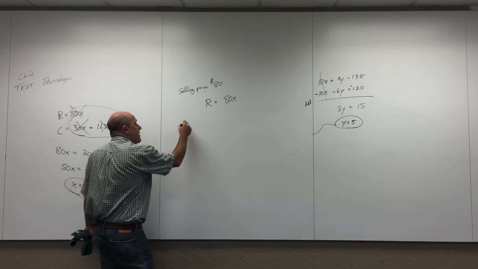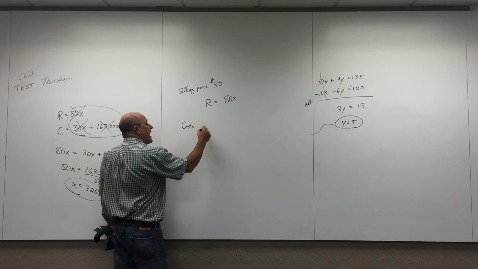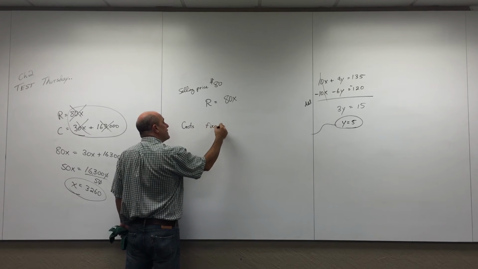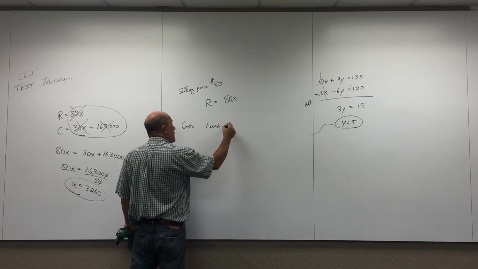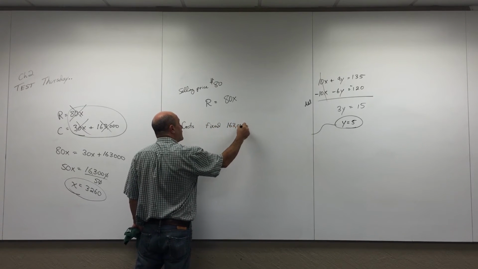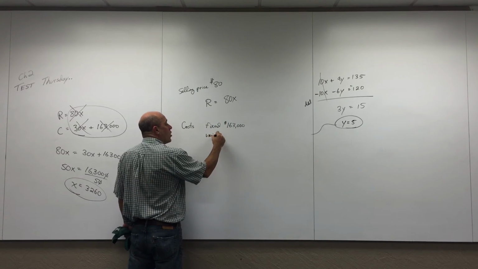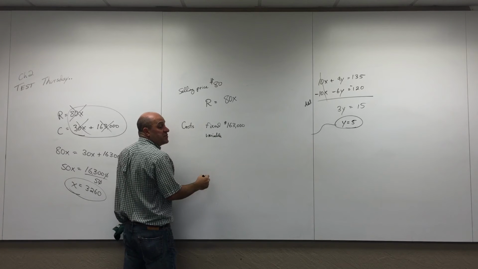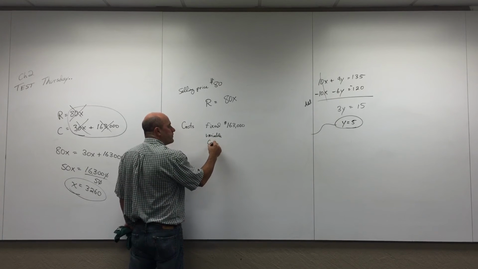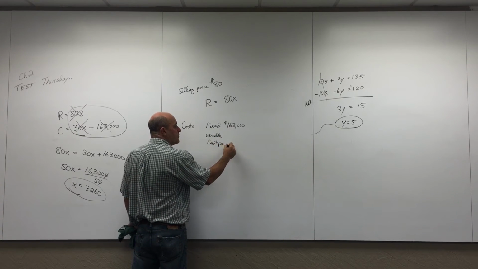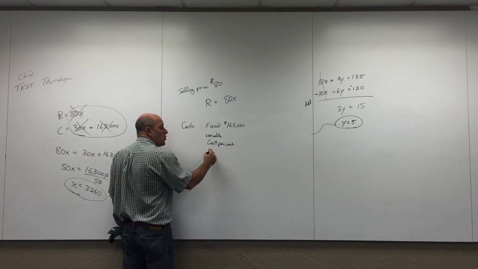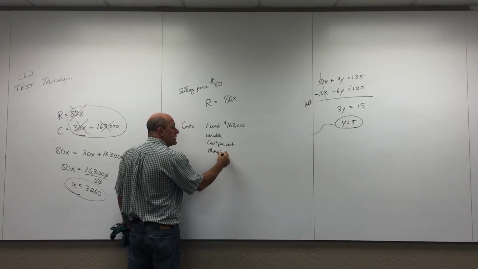What if I told you about my costs and I said I have a fixed cost of $163,000, and I have a variable cost, or maybe I say the cost per unit, or maybe I even use the word marginal cost.